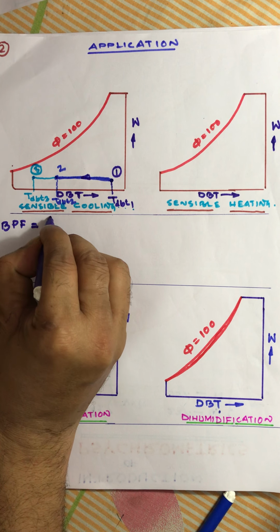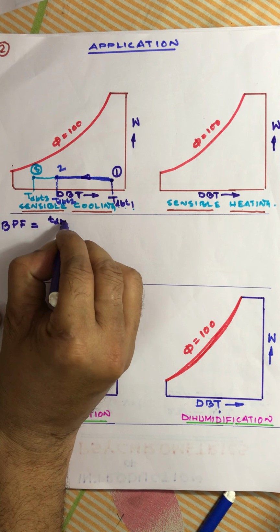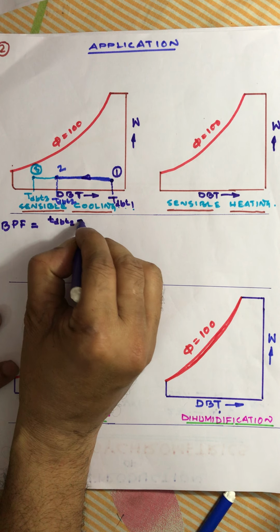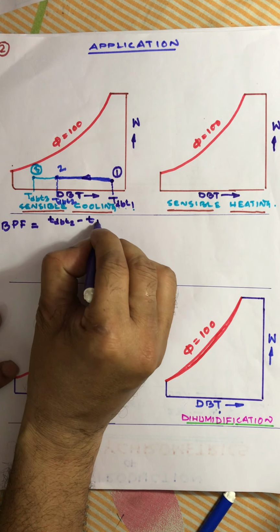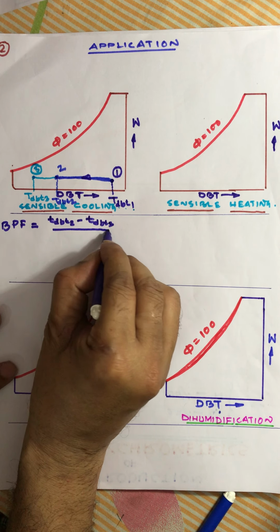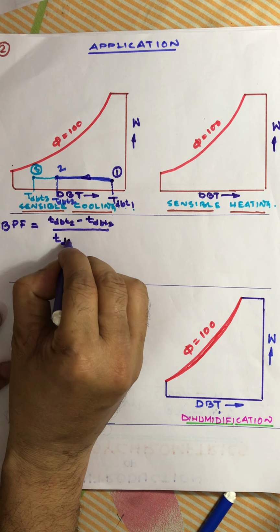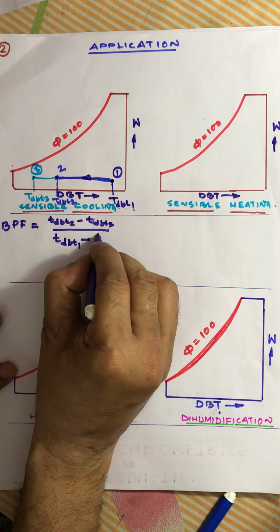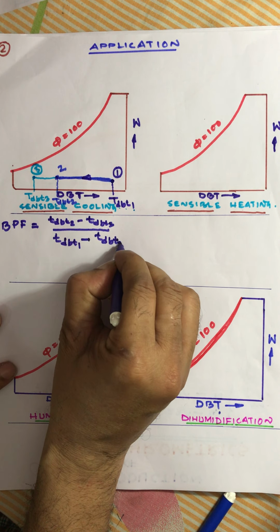So, we can write bypass factor equals T dry bulb temperature 2 minus T dry bulb temperature 3, divided by T dry bulb temperature 1 minus T dry bulb temperature 3.